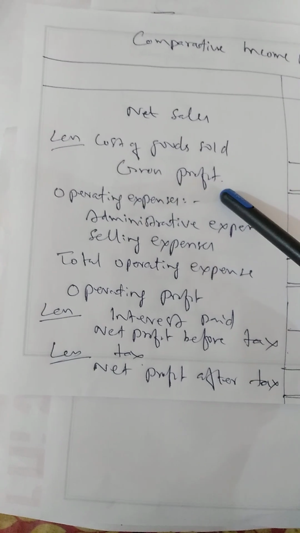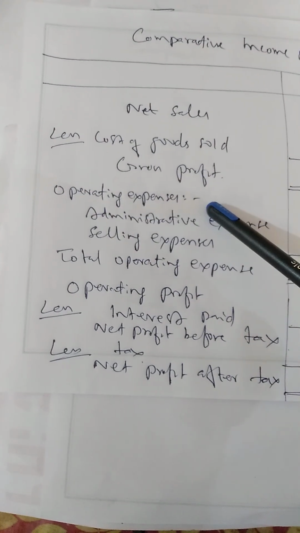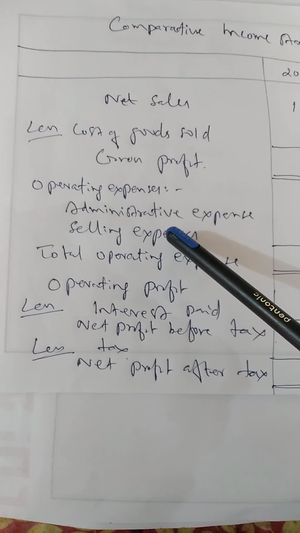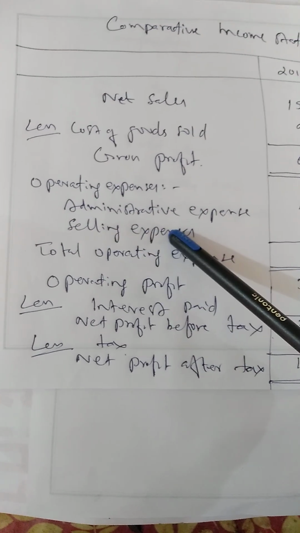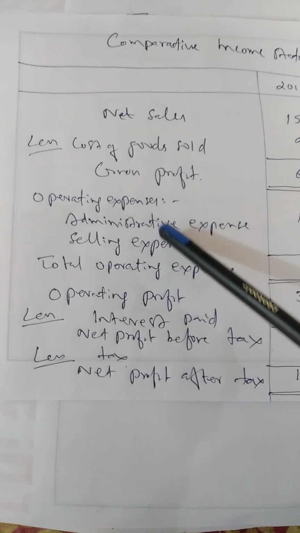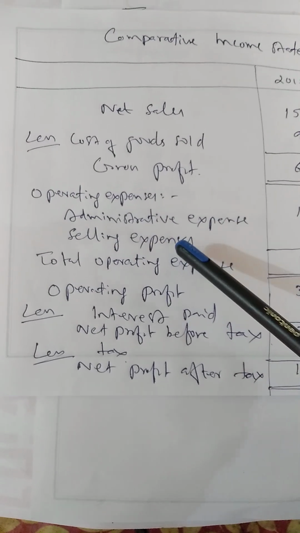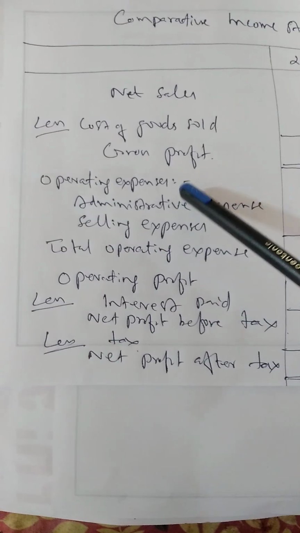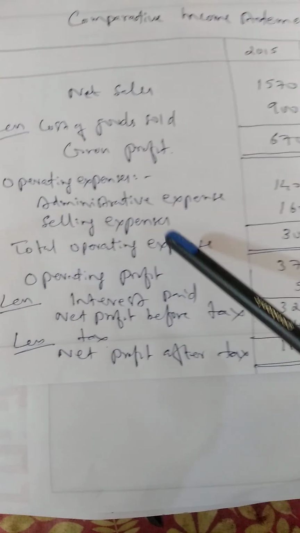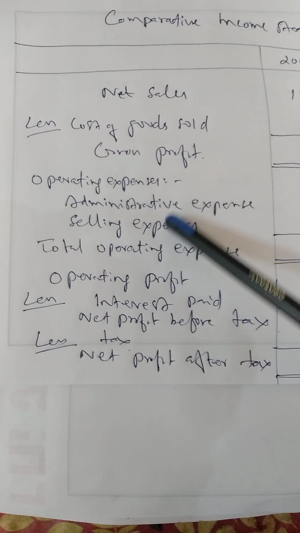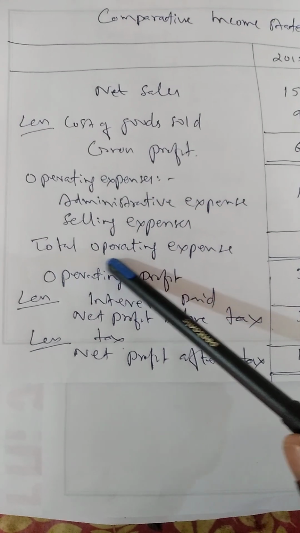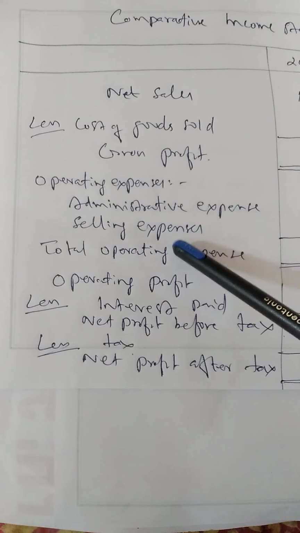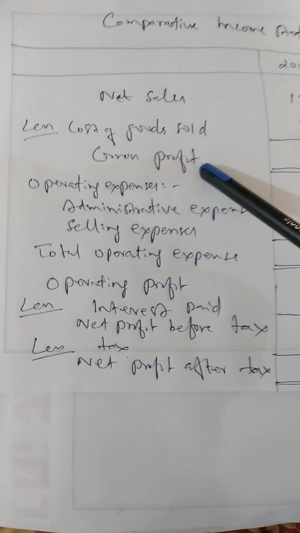After that, we have to consider operating expenses. In this question, there are two expenses, administrative expense and selling expense. These operating expenses are together deducted from the gross profit. Then we get the operating profit. We take the total of these two items and deduct this operating expense from the gross profit.